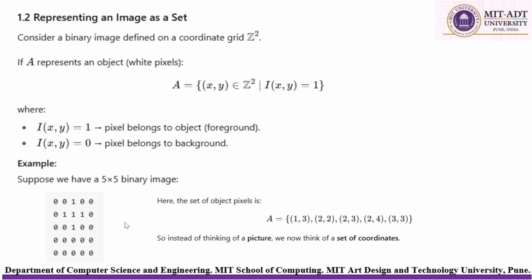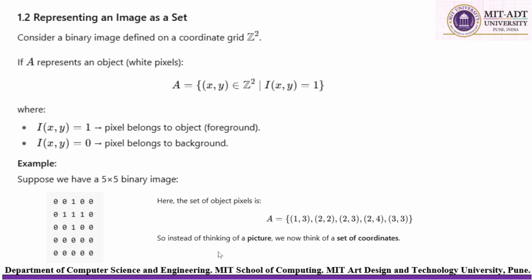Then this pixel is (2, 3), then this pixel (2, 4), then this pixel (3, 3). So this is the set definition for this image, which is of size 5 by 5 and binary. Whichever pixels have value 1, only those pixel pairs I am going to write.